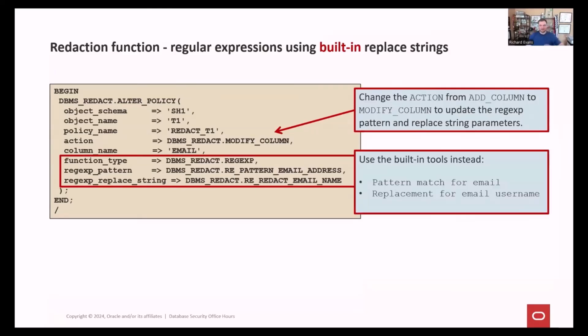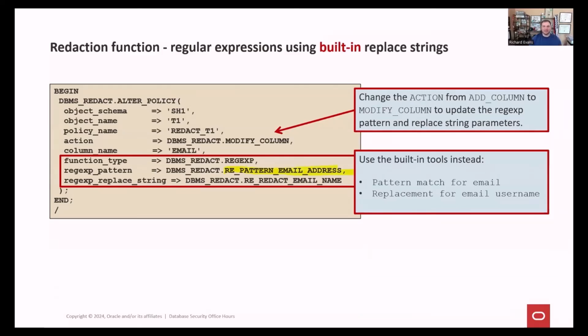So instead of trying to figure out what that format looks like, we're going to modify our redaction and we're going to redact that email address using our built-in patterns. So we've got regular expression redaction. We've got our regular expression pattern email address. We're telling it what that column data is.